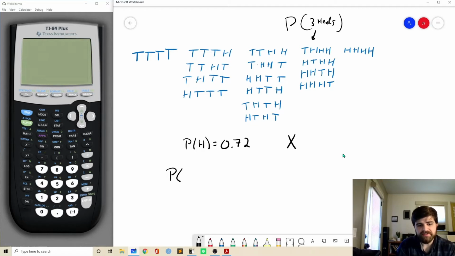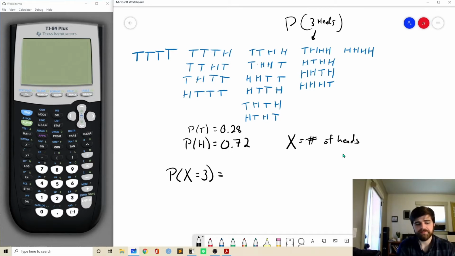I'm going to say X is my random variable, and this is going to stand for the number of heads that I flip out of the 4. So I'm going to look for the probability that big X, the number of heads I get, is equal to 3. We can still do this, even though the probability of heads is 0.72, which means the probability of tails would be 1 minus 0.72, 0.28.